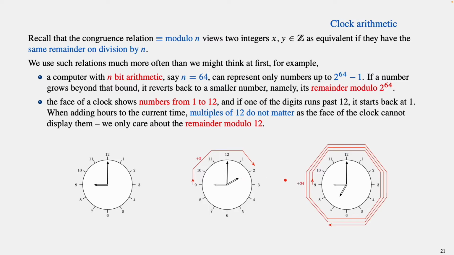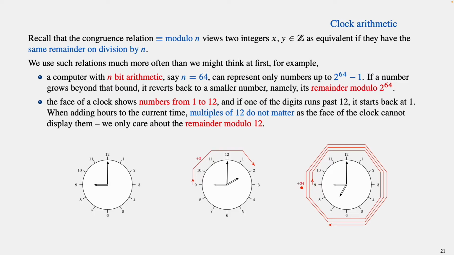And even if we add multiples of 12 to our 9 o'clock, then the clock, of course, still won't take that into account when displaying the new time. So here I add 34 hours to 9 o'clock. So I go around once with 12 hours. I go around twice with another 12 hours, so that makes 24 hours. And I'm back at 9 o'clock.